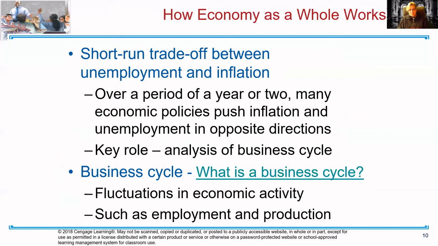We also talk a little bit in this particular chapter about a business cycle, and this is fluctuations in an economy. Different economists believe in business cycles in different ways, but basically, if we have a trend line like this, we would say this is an expansion. This is a contraction.